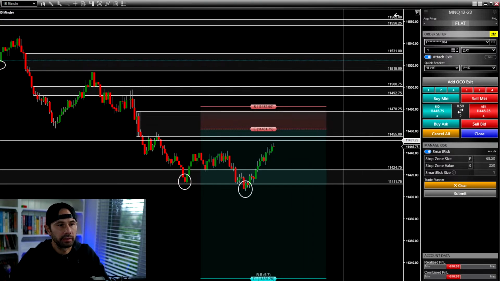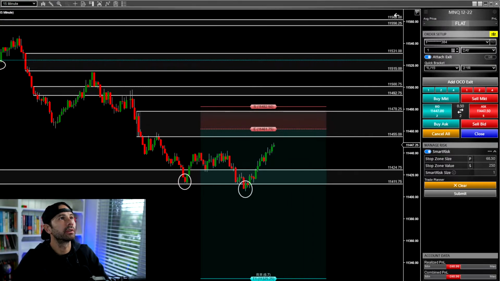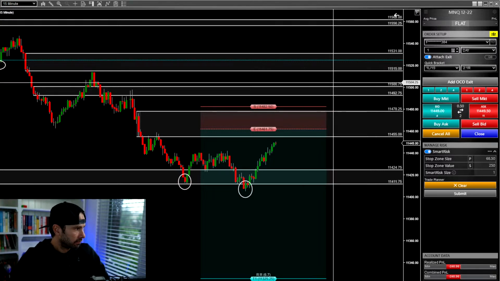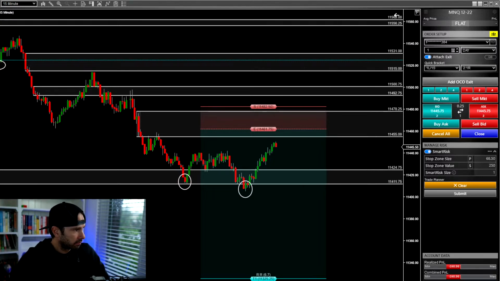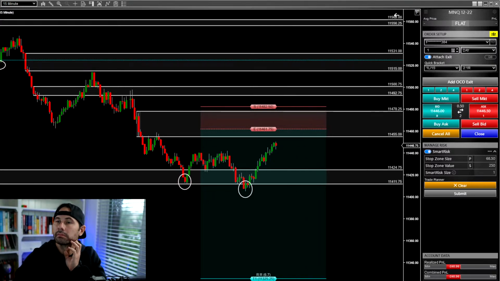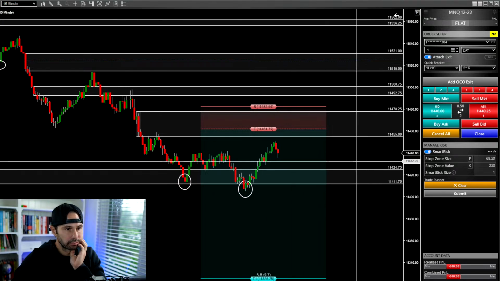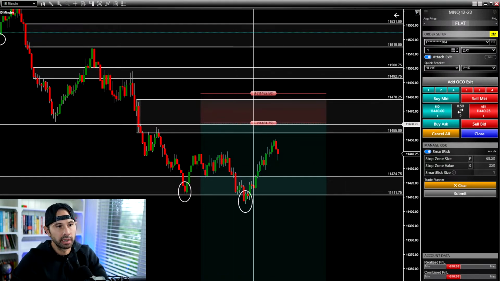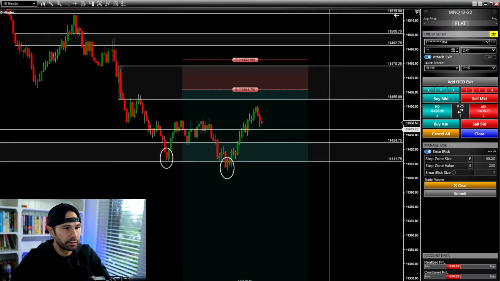All right, let me get rid of this so I have more space right here. All right, so I do have this area 61.75.